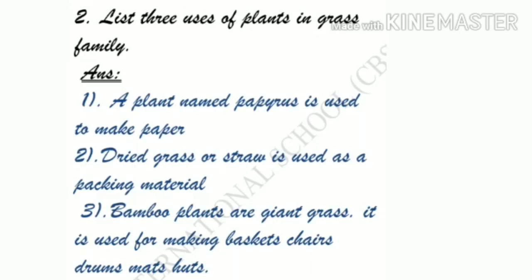Dried grass or straw is used as a packing material. 3. Bamboo plants or giant grass is used for making baskets, chairs, drums, mats, huts.